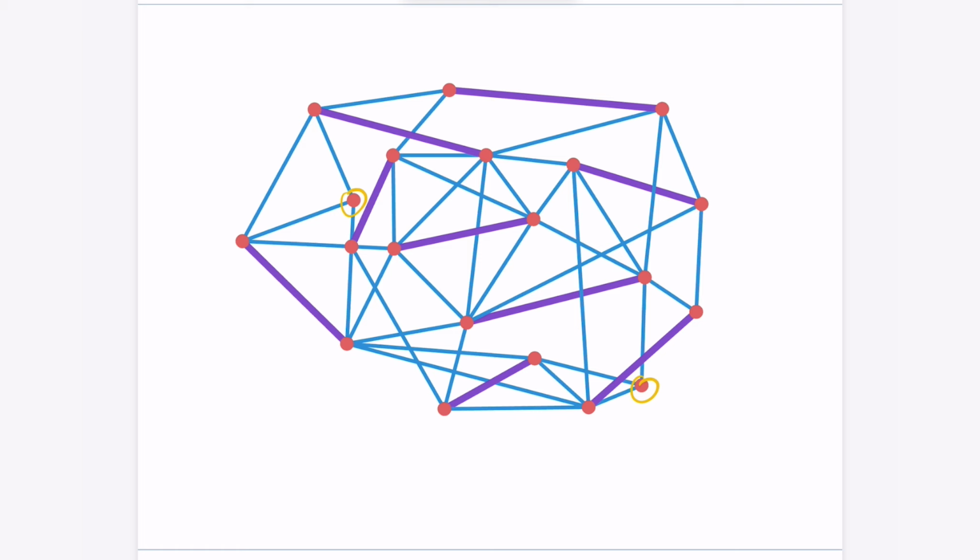Oh, but there is an augmenting path. So here you could actually augment. This would be an alternating path like this, and you can improve your solution. So this is not an example that you're looking for.